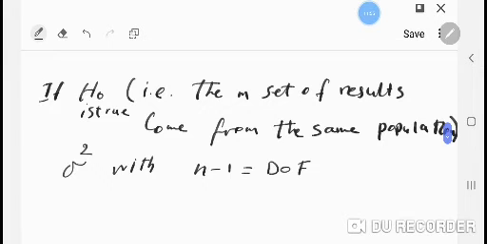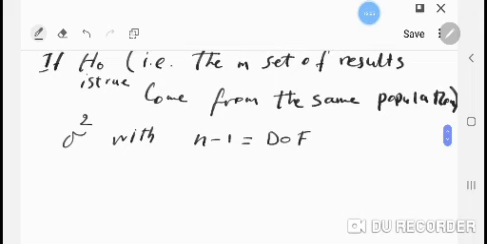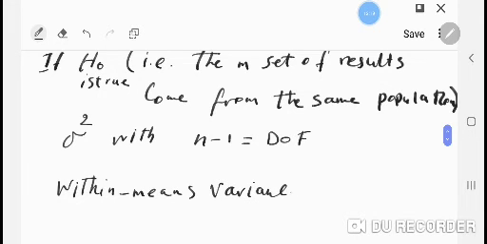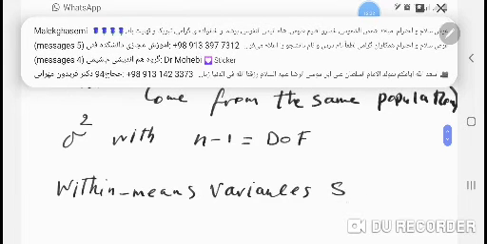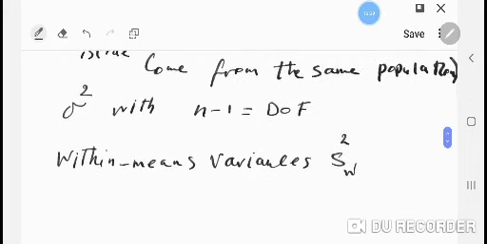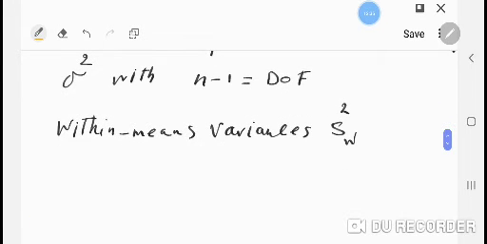We can average these estimates of sigma 2 from the M treatments to get an estimate of sigma 2, which is the within means variance, SW2. That is as follows.